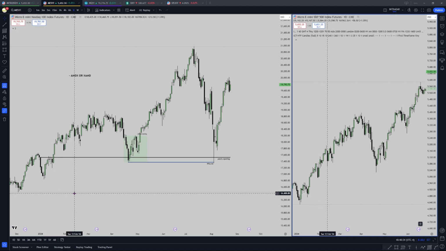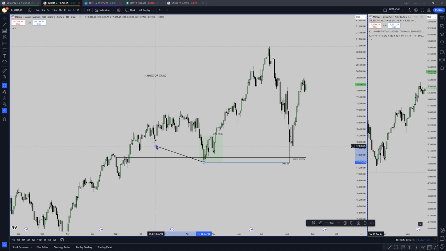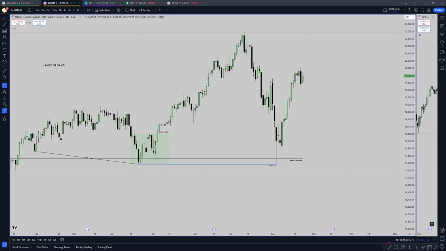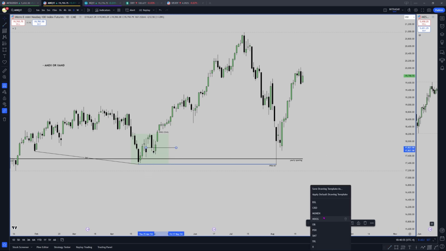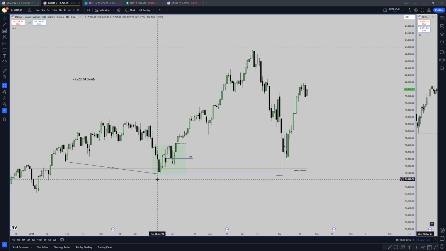Yeah, right down here. Form an SMT. And we get a daily change in the state of delivery right here. This is your change in the state of delivery.